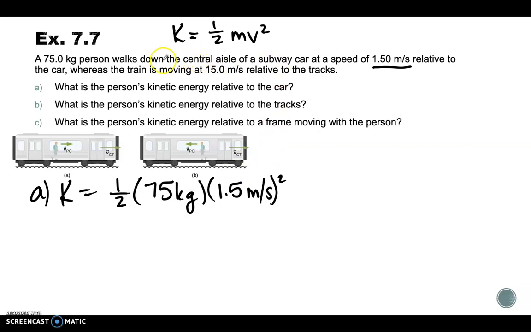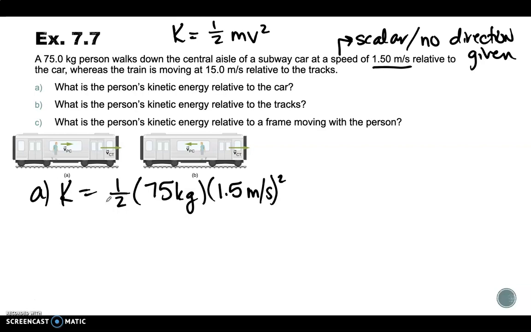Now notice one thing. It says that this is the person's speed relative to the car. Remember that speed is scalar, so no direction given. So this means that the person relative to the car might be positive or might be negative.